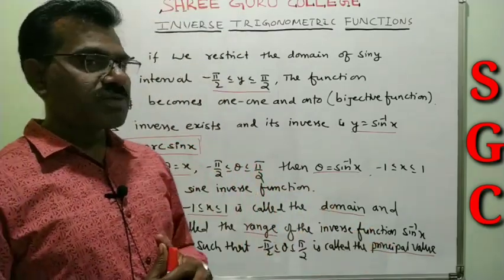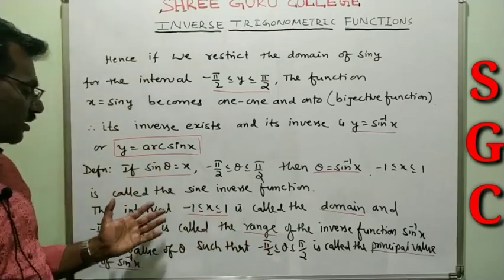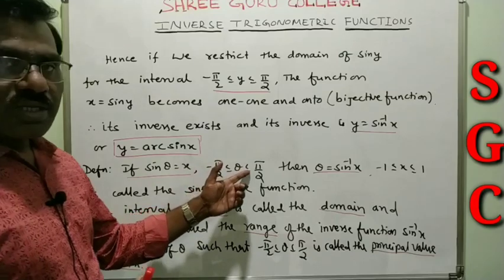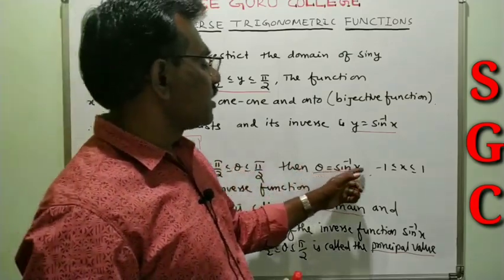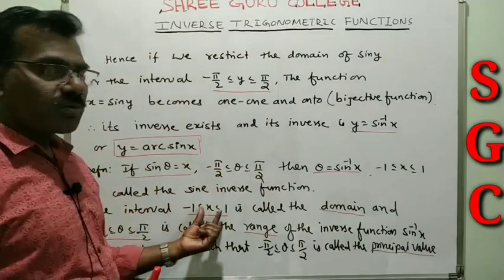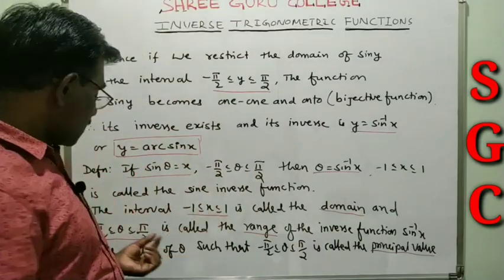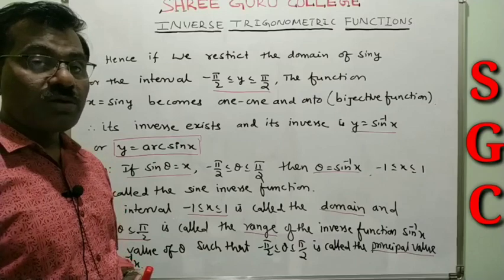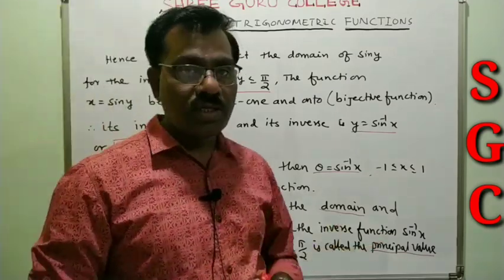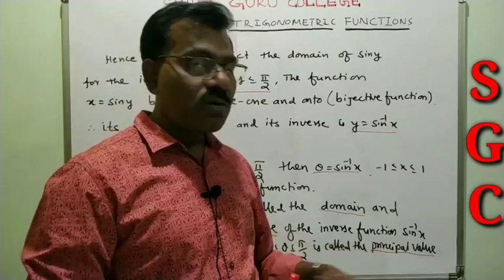So define the sine inverse function: sine theta is x, theta is minus 90 to plus 90, and theta is sine inverse of x, which lies between minus 1 to plus 1. Minus 1 to plus 1 is called the domain, and minus 90 to plus 90 is called the range. The value of theta between minus 90 to plus 90 is called the principal value.